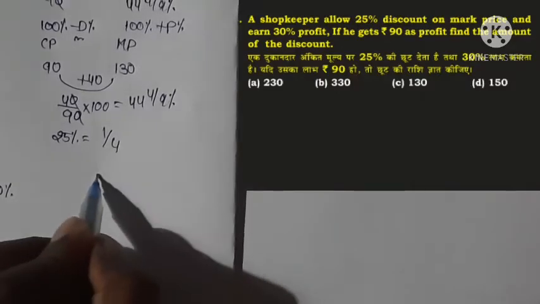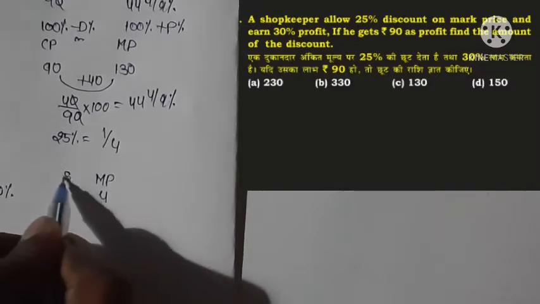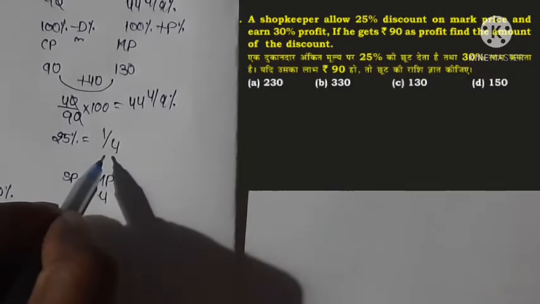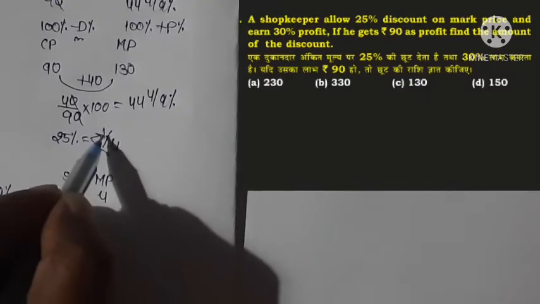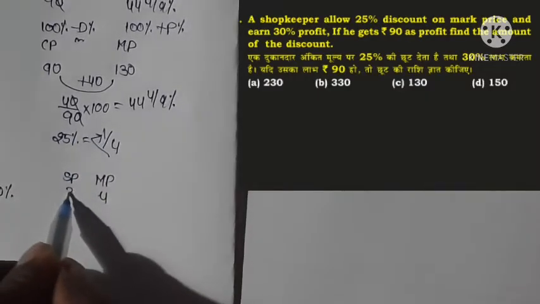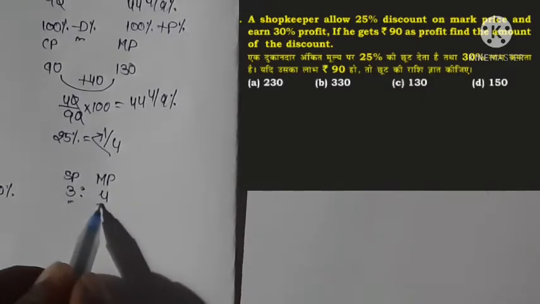Here the mark price is 4, the discount is 1, so 4 minus 1 is equal to 3. So mark price and selling price are in the ratio of 4:3.